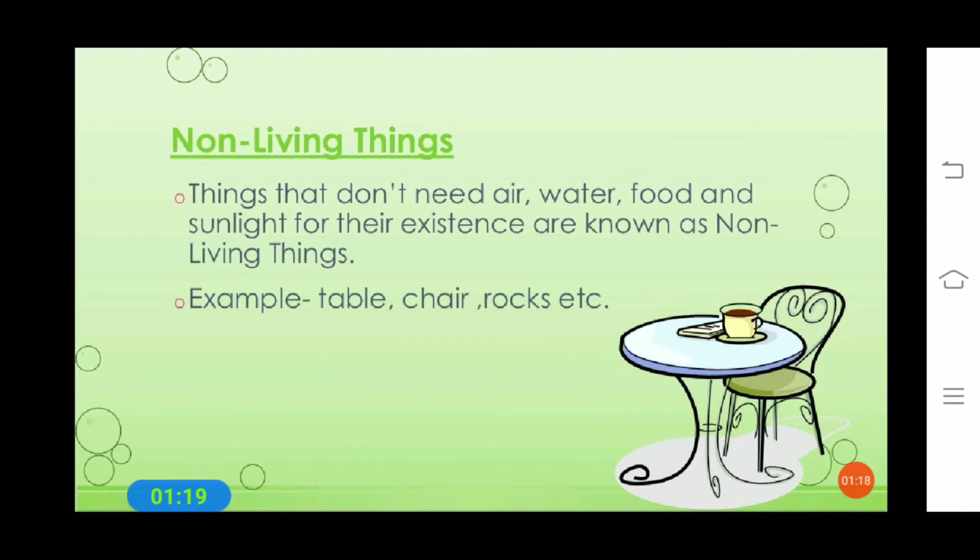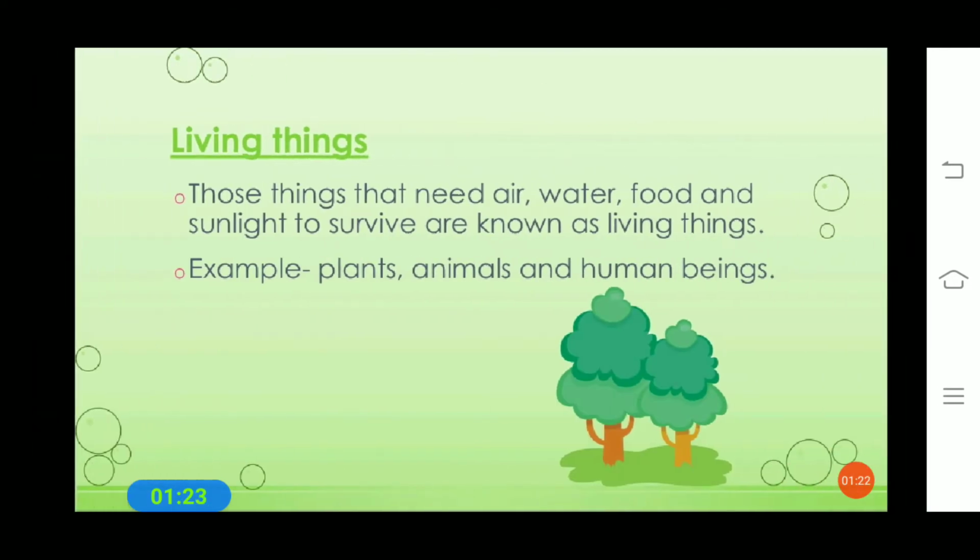Okay, so what do living things mean? Living things need air, water, food and sunlight to survive, and these things can grow. Living things can grow, can walk, can breathe, can eat food. So these are the characteristics that we can see in living things.